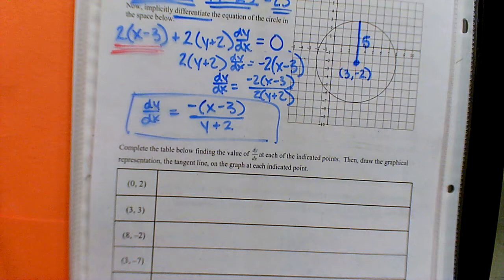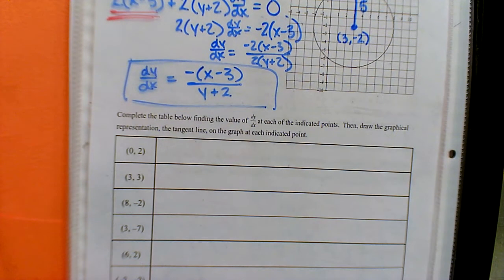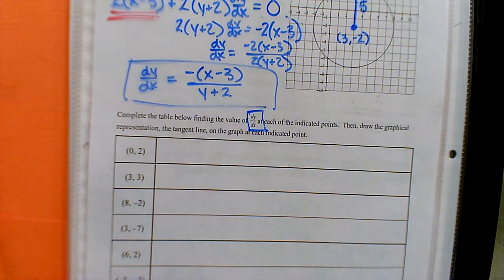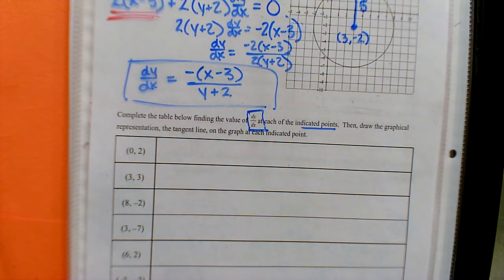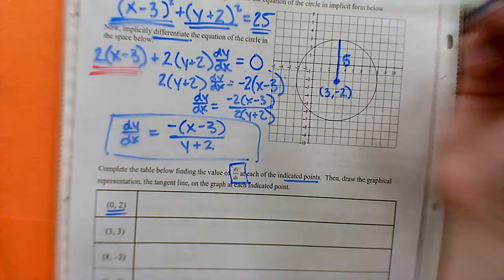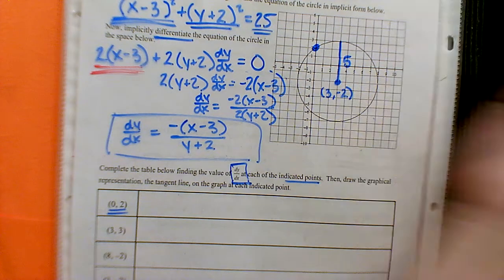So that's what we're going to take a look at in this chart. Okay, so now that we have the derivative, which represents the slope, let's go ahead and think about some of these tangent lines on this circle. So complete the table below by finding the value of the derivative, by finding the slope at the indicated points, and then we're going to draw what this represents on the circle at the top. Okay, so at this ordered pair, 0, 2, on the circle we're kind of at this point right here.